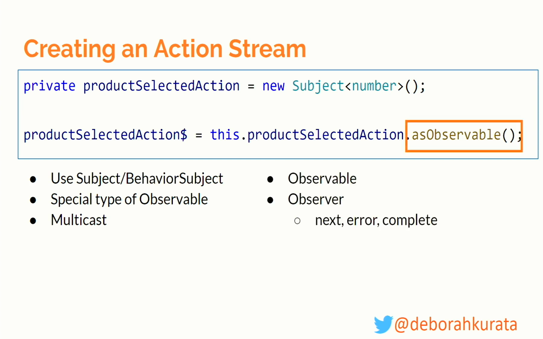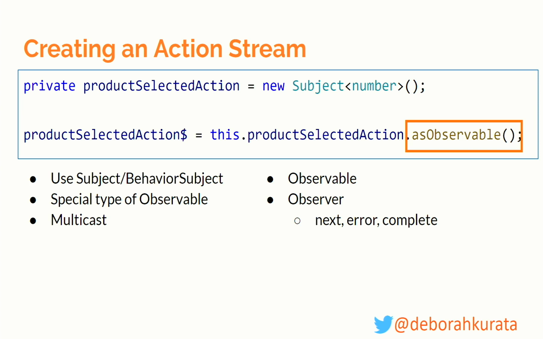The other thing that's different about a subject or behavior subject than an observable is the fact that a subject and behavior subject behave both like an observable. You can actually get at its observable with asObservable, but also as an observer.